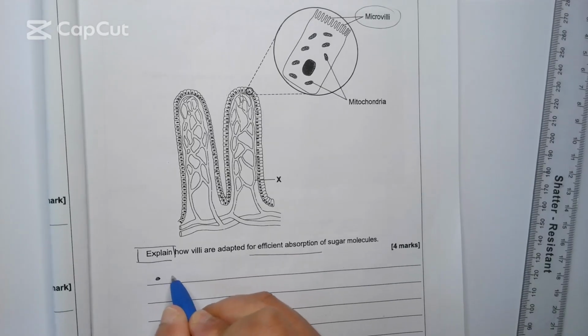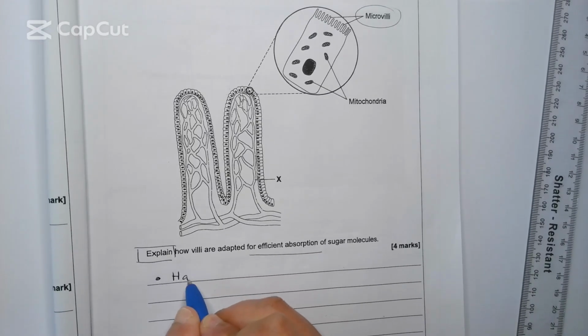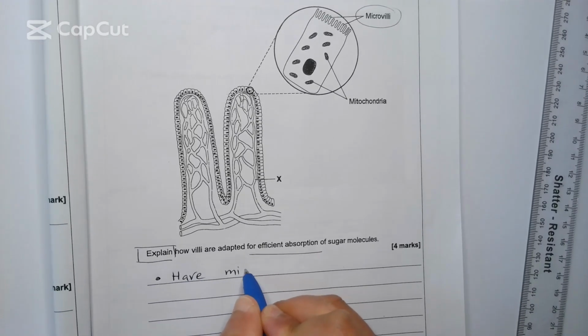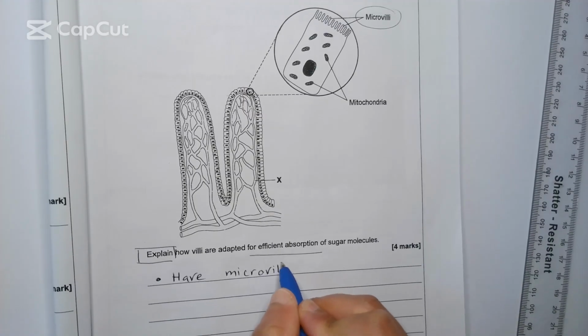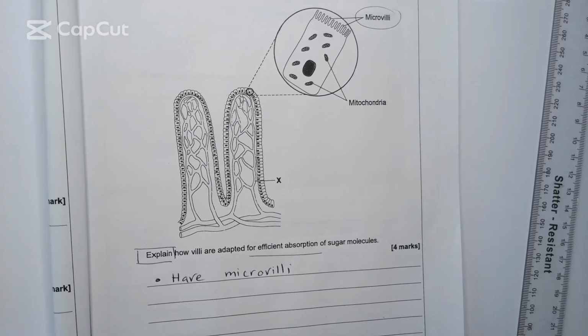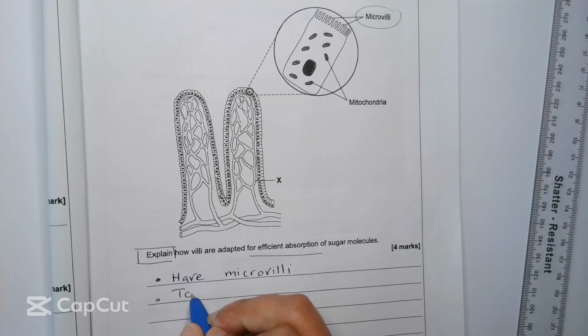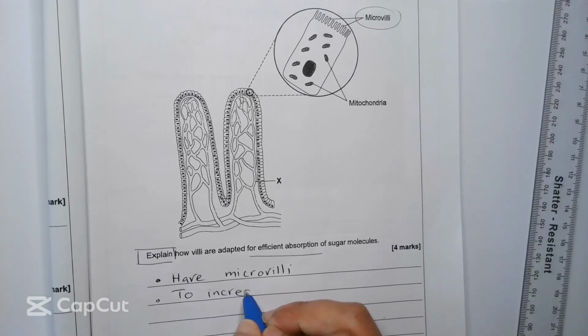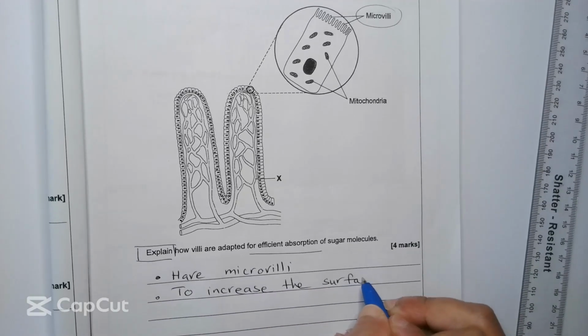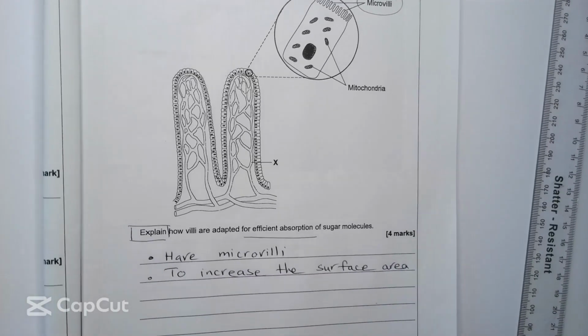So bullet points: microvilli. Then tell me, so what does this lead to? To increase the surface area. Okay, that's 2 bullet points done.